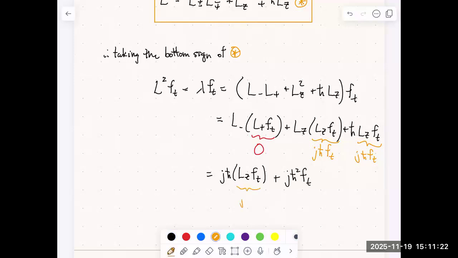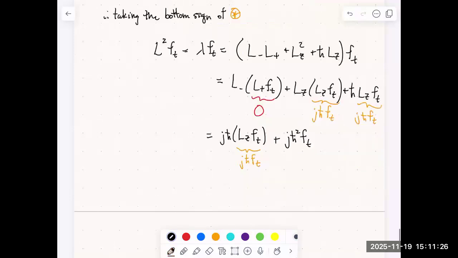But this is just another J H bar F top. And so what we get is L squared F top, which we said is equal to lambda F top, and now it's going to be equal to H bar squared, H bar squared. Both terms have an H bar squared.